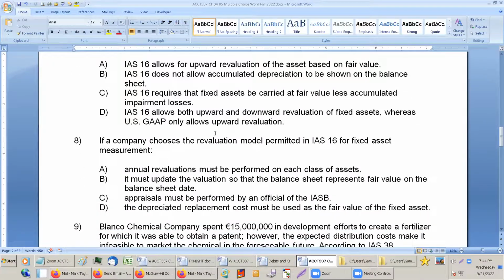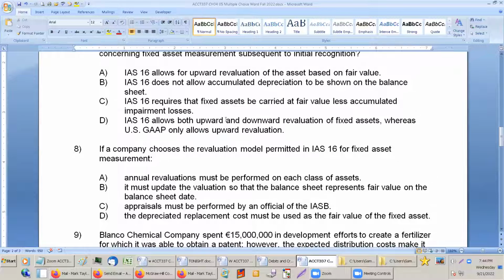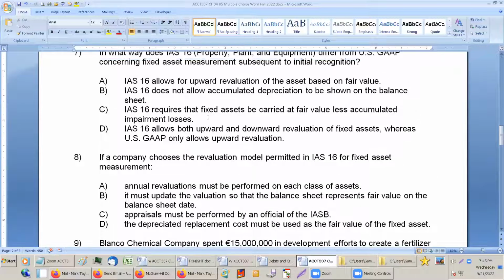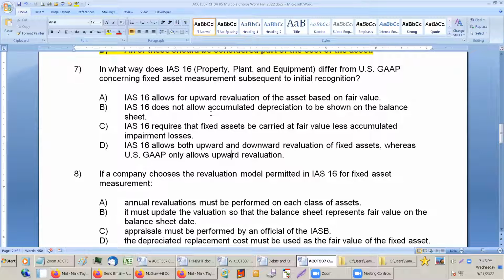First of all, the first part is right. They allow for upward and downward. GAAP only allows for it to go downward. So if that's a downward, that would be right. So then A? Yeah, yeah.